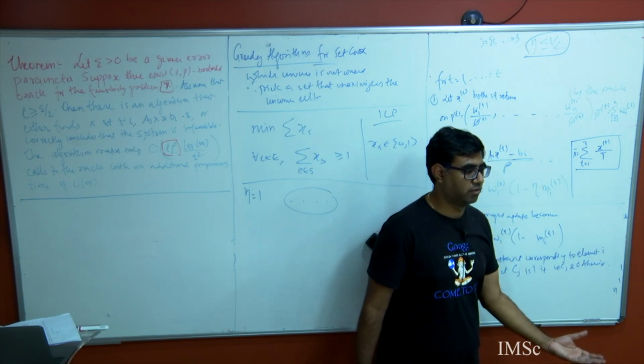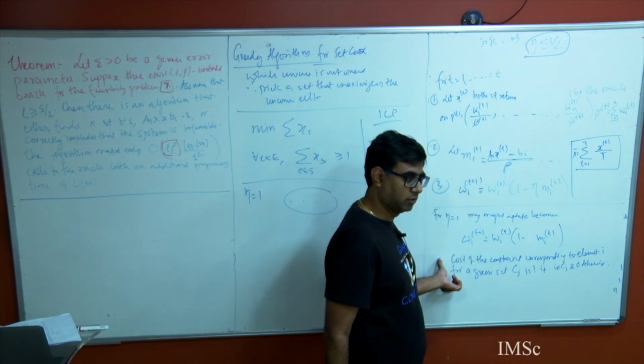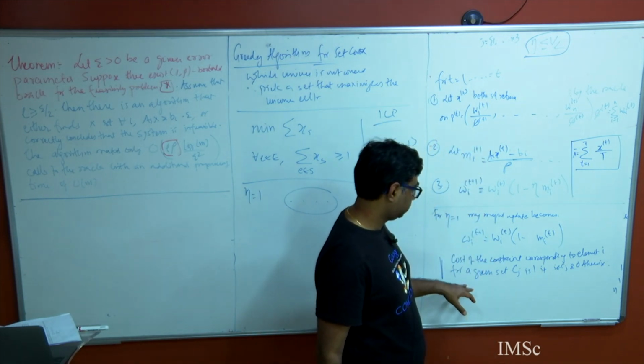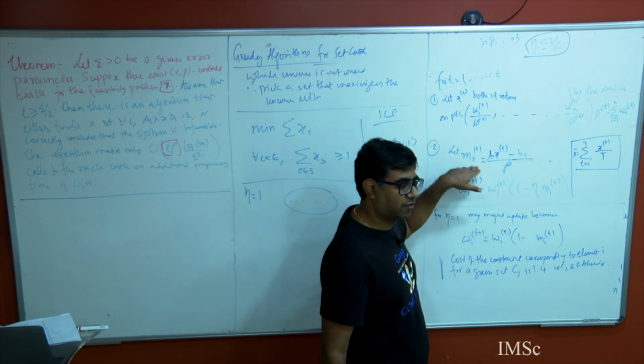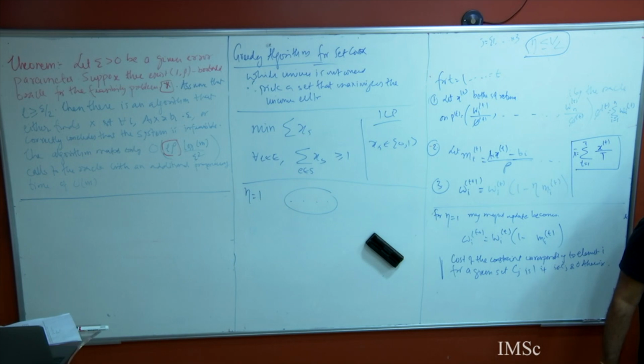Like you still need to hit me. Do you understand this point? Look, what should be the cost of a constraint if it is satisfied? It should be more, right? Because I don't want to hit him again, or I don't want to satisfy him again.